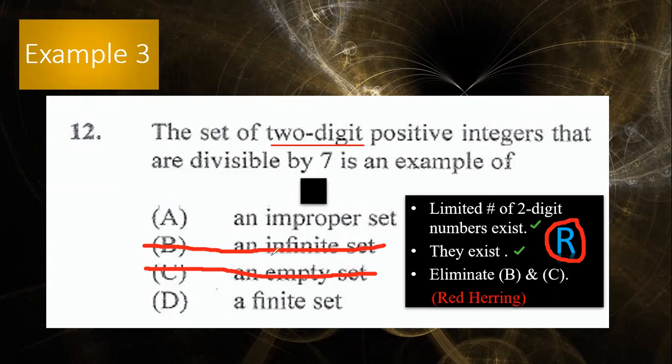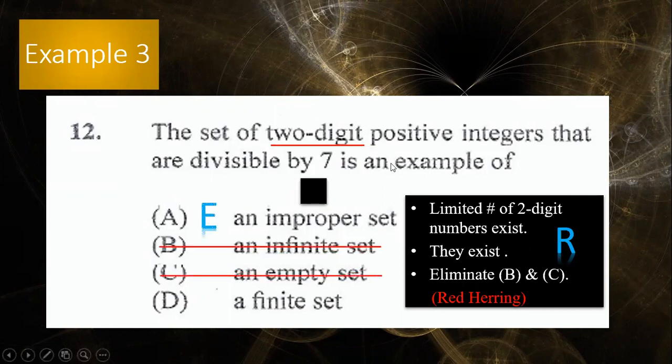Those 2 answers are distracting. So clearly it's not an infinite set and it's not an empty set. When we eliminate those responses, what happens to our chances of getting the right answer? What is our chance now? Anybody put it in the chat? What is the likelihood of us getting the correct answer now?